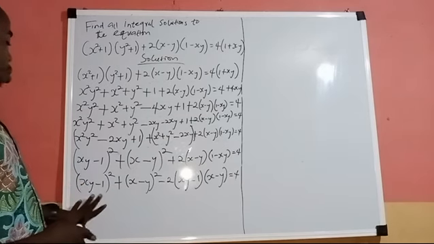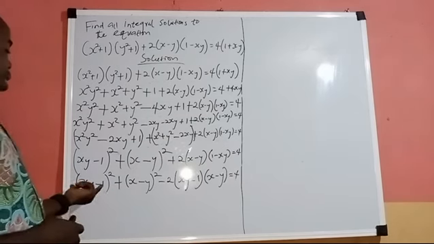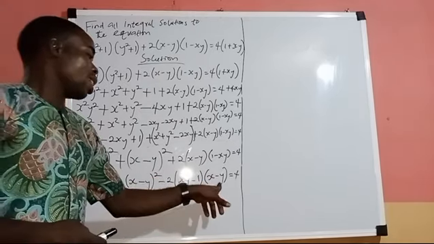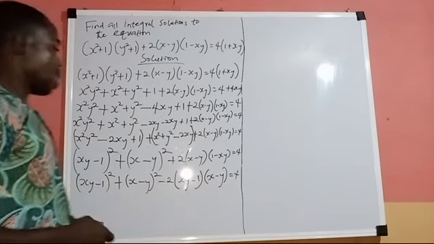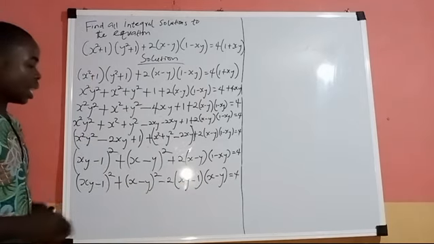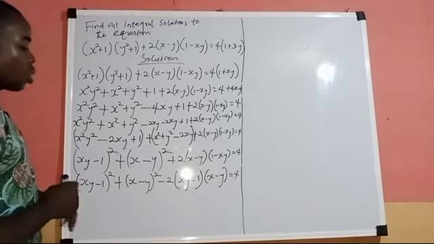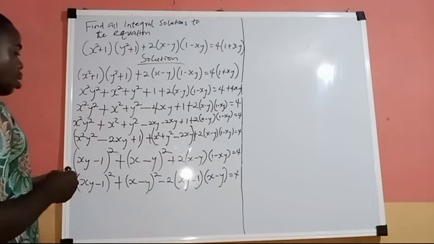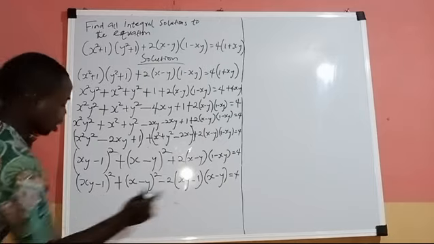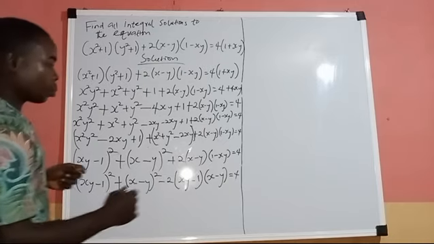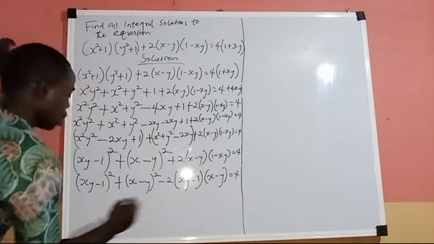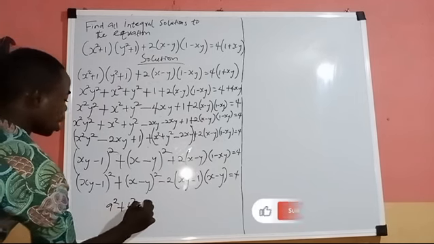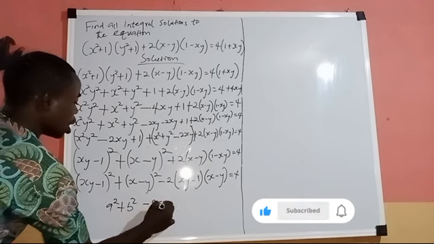So if you look at it now, you can see that this term is exactly as this term, and this term is also exactly as this term. The terms inside the brackets are all similar and they are all the same. So what we are going to do is find a way to compress this. If you observe, this is looking like a squared plus b squared minus 2ab.